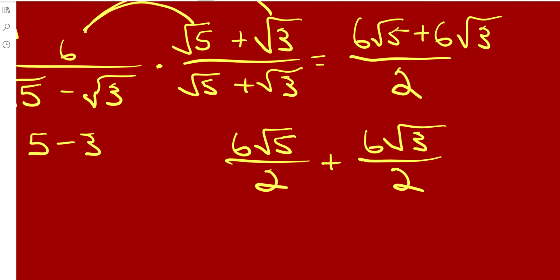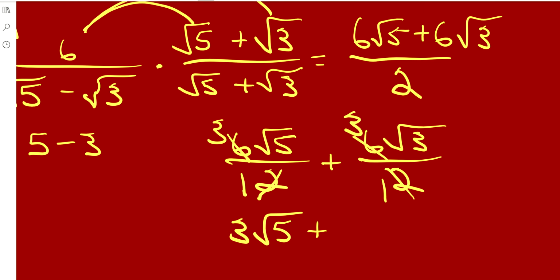And then I could simplify each of these. 2 goes into 2 once, 2 goes into 6 3 times, so the first one's going to be 3 root 5, plus 6 divided by 2, 2 goes into 2 once, 2 goes into 6 3 times, and then I've got 3 root 3. And then I'm done with that.